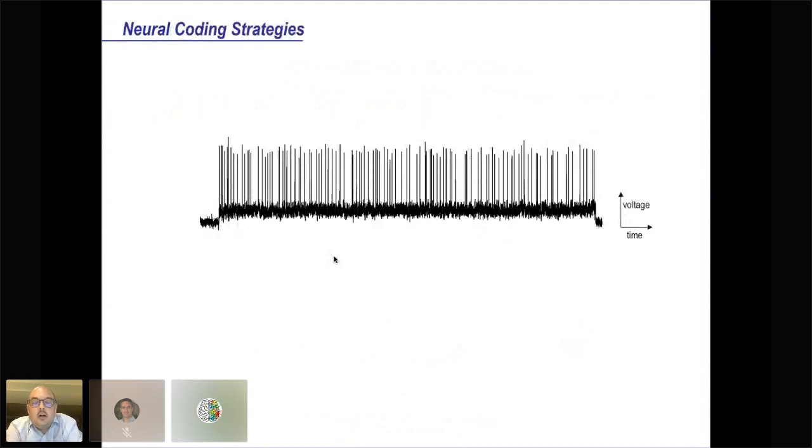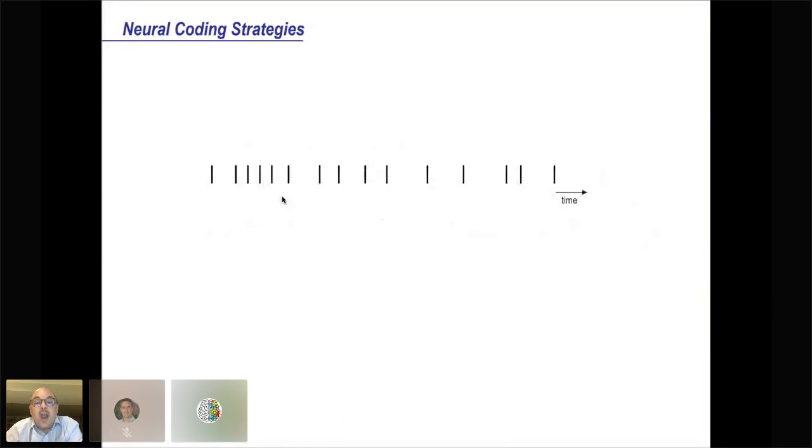Virtually all neurons rely on action potentials or spikes to transmit information to other neurons. And based on the fact that most spikes have a stereotypical shape and size, we'll very often simplify this representation of voltage over time as a very simple raster where each of these ticks represents a spike. So you can look at a raster like this and ask, how do we want to characterize this?